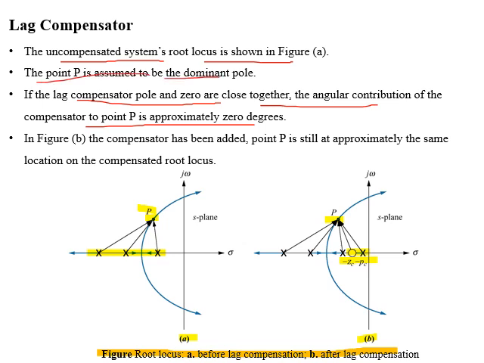And the net angular contribution added by the lag compensator to the point P is approximately 0 degrees. In figure B, a compensator has been added and point P is still at approximately the same location on the compensated root locus.